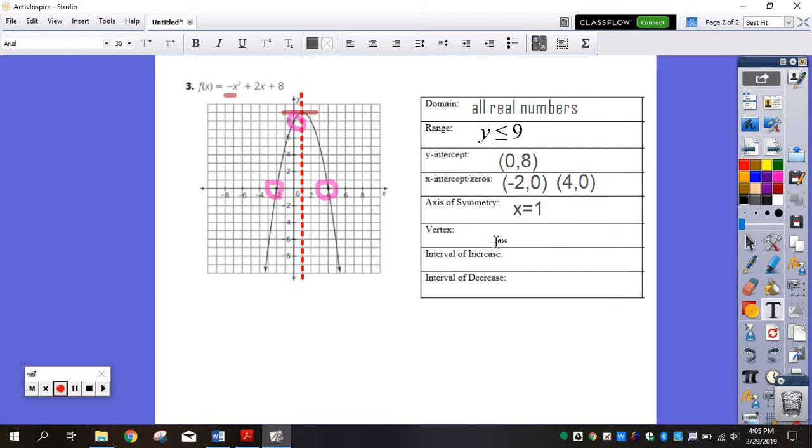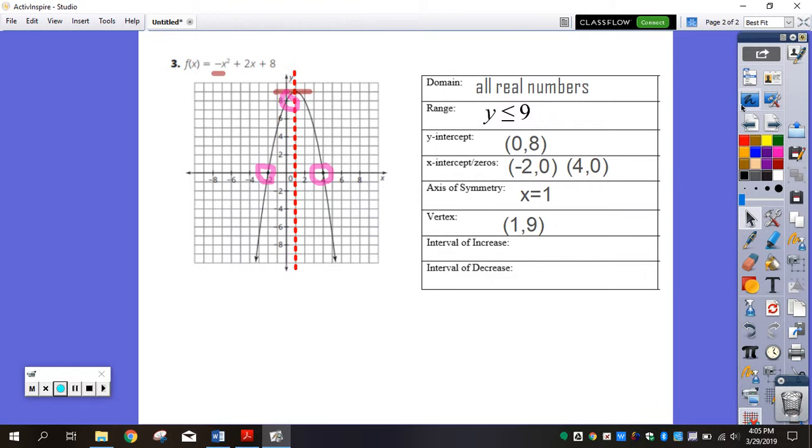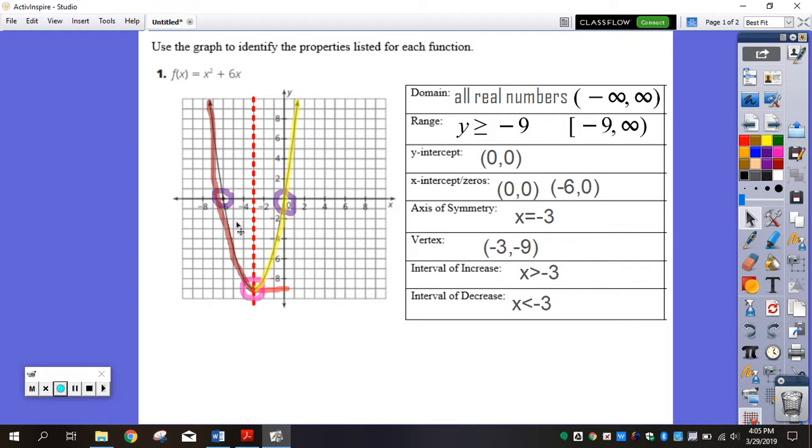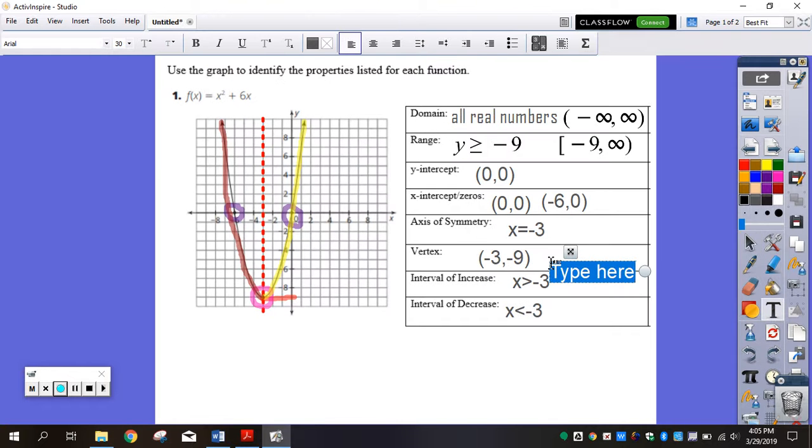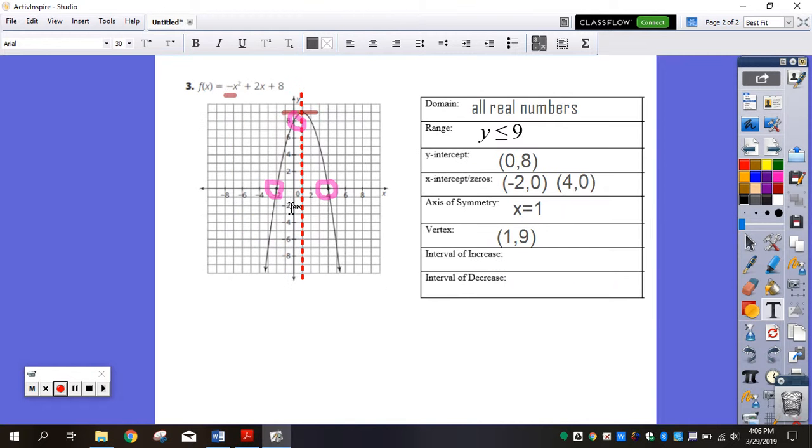So I just put that together for my coordinates of my vertex. And just a note, when the parabola opens upward, this is a minimum value for the vertex. So the -9 is the minimum value that that function could have. And so if it's open downward, your a is negative, that means you're going to have a maximum.